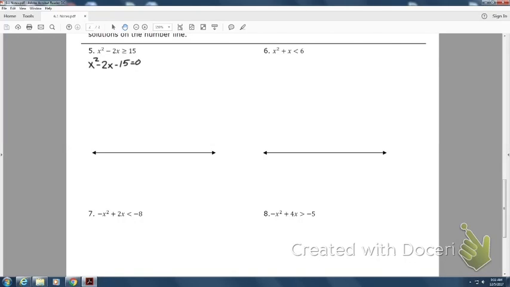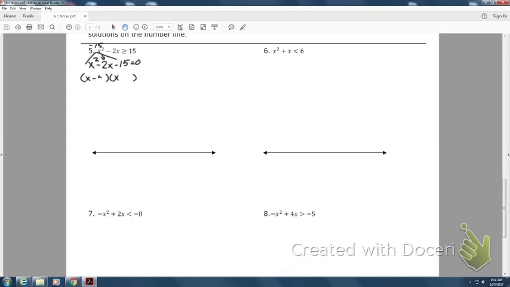And now I need to factor that. I have no greatest common factor. So I need to find the factors of negative 15 that add up to negative 2. What would that be? Flip the signs.